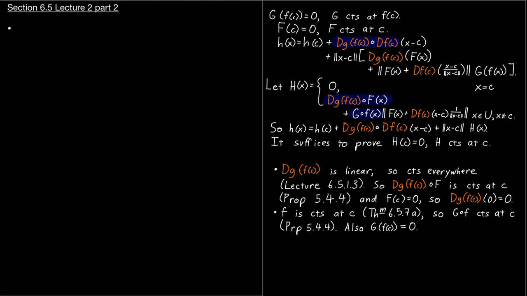So we're left with the horrible thing in the norm. The norm of F of x plus the rest of it, df of c of our quotient x minus c over the norm of x minus c. By the triangle inequality, we've got F of x and then df of c of x minus c.